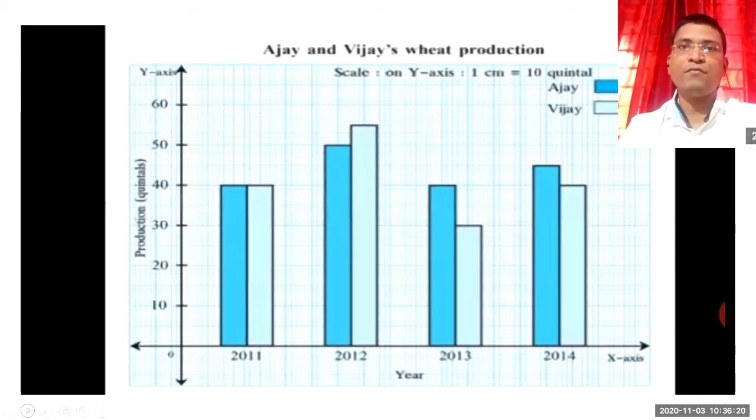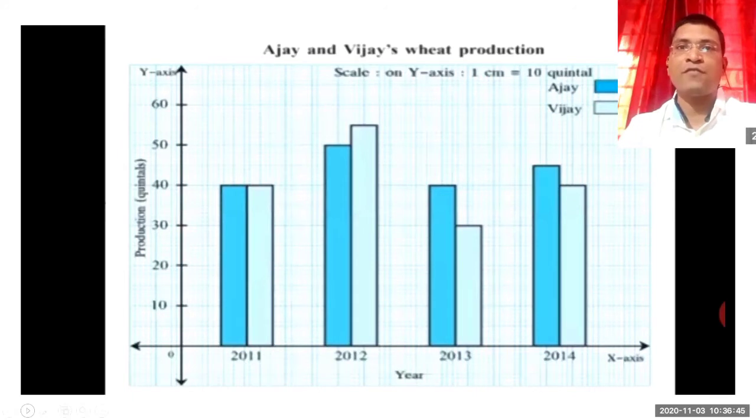So look at 2011. We will read this now. In 2011, both Ajay and Vijay's wheat production is the same, that is 40 quintals. You are looking at the first joint bar graph of 2011, which is written on the x-axis.